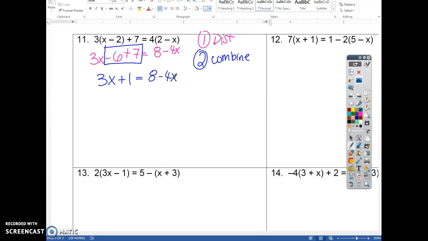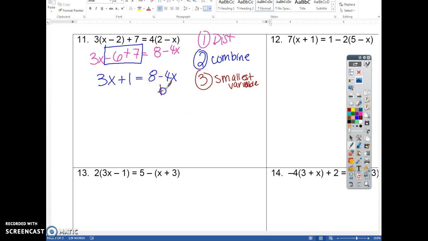So now we have to move our smallest variable, right? Which one is our smallest variable? Okay? What is 3x smaller than negative 4x? Right.